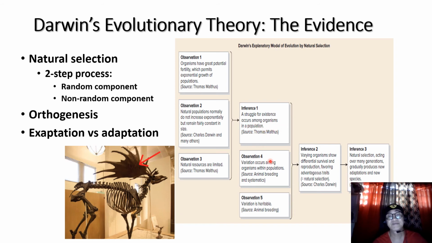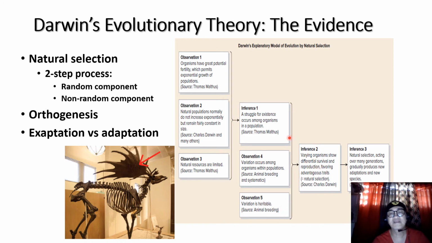The fourth observation is that variation occurs among organisms within a population. His source of this idea was animal breeding and systematics. And then his fifth observation was that variation is heritable, an idea which he drew from animal breeding.